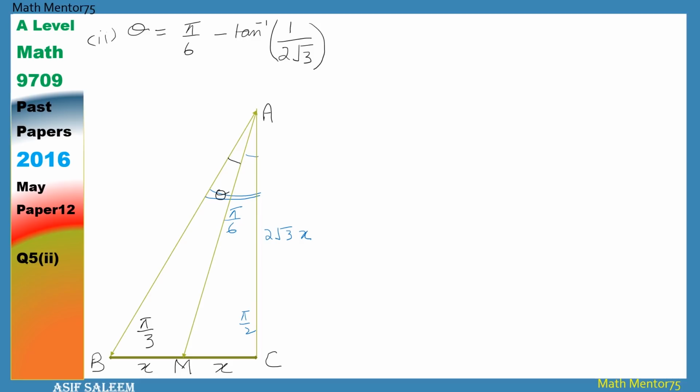Now let's focus on the small right angle triangle AMC, and we are going to calculate MAC. So tan MAC is equals to perpendicular, which is x, base, which is 2 under root 3 x.